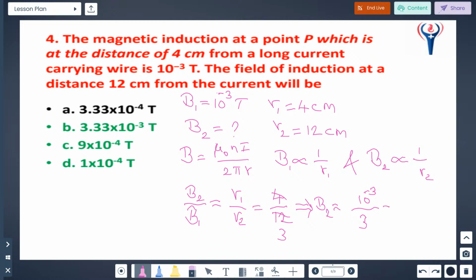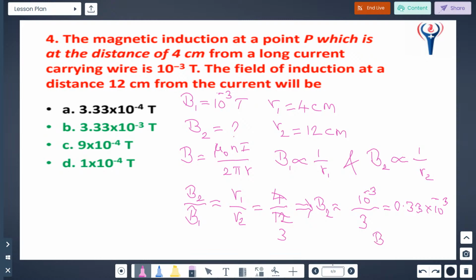So 0.33 into 10 power minus 3. This is not matching. Try for 10 power minus 4. If you bring one decimal there, 10 power minus 4 means it gives 3.33.